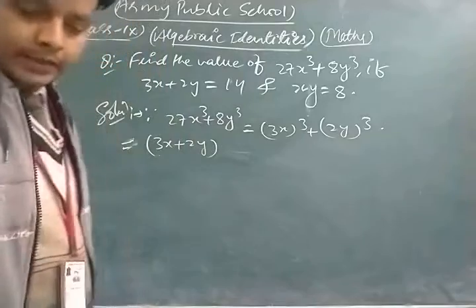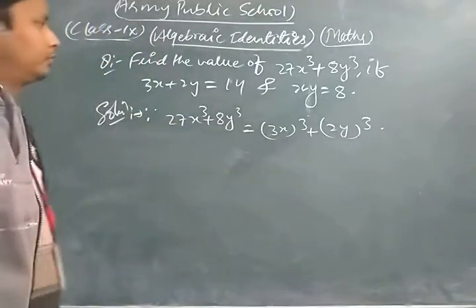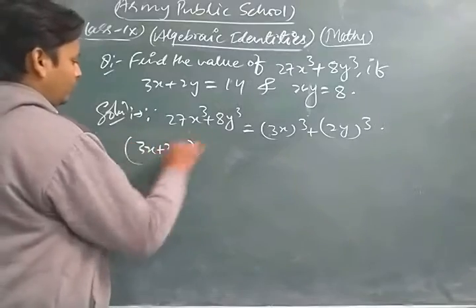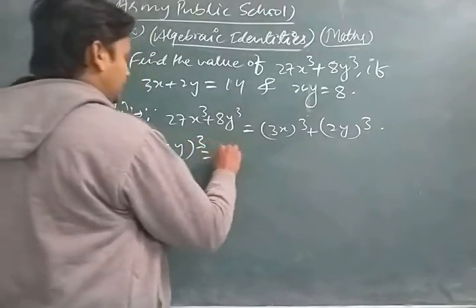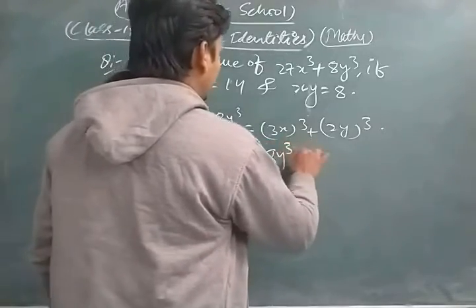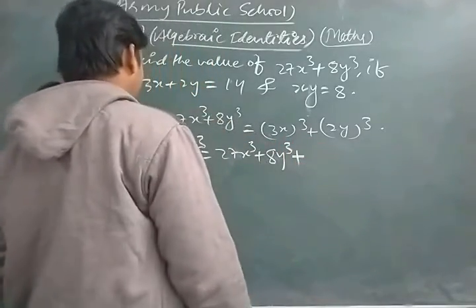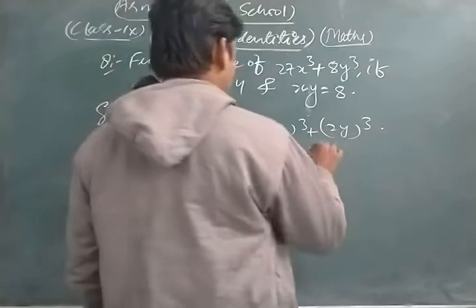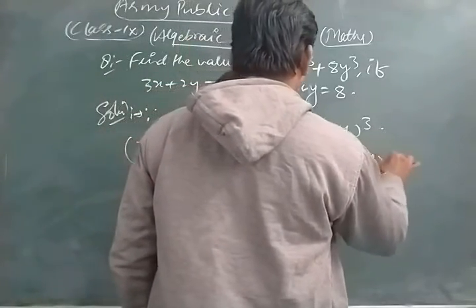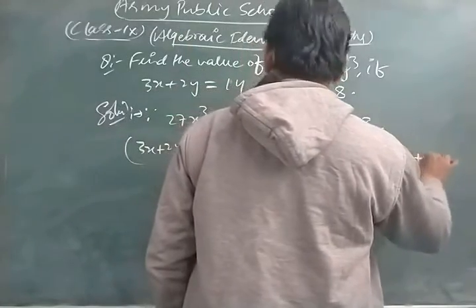Now here we apply the identity for a plus b whole cube. So 3x plus 2y whole cube is equal to a cube plus b cube plus 3ab, 3 into a into b in bracket a plus b.